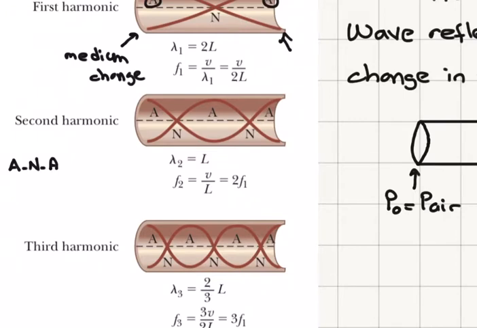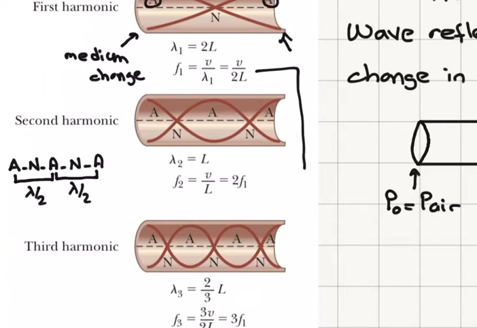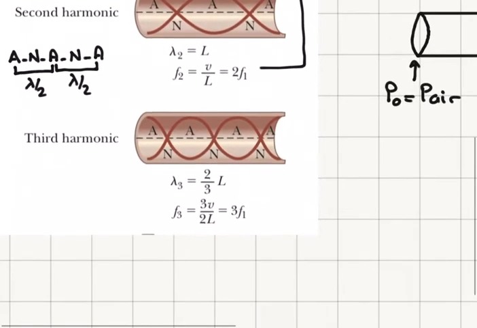When I go to the second harmonic, I have to start with a displacement antinode and end with a displacement antinode. A and A was the first harmonic, the fundamental. Now I go to the second A. So here I have lambda over 2, and here is another lambda over 2. So the total length should be a wavelength. So lambda 2 for the second harmonic should be L. So f2 is v over L, which if I compare with f1, I find that it's twice f1.